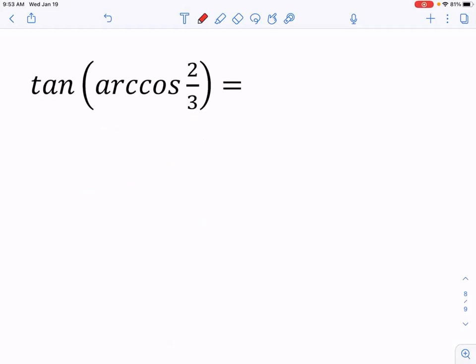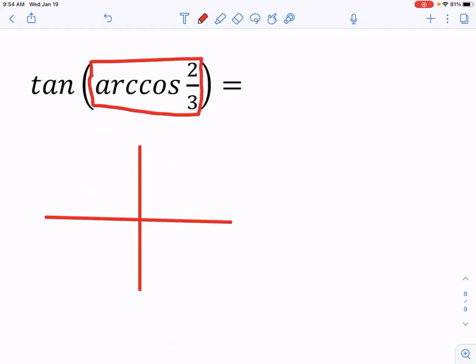Two-thirds, that's not a unit circle ratio. When you are given a non-unit circle ratio, you are gonna have to draw a picture. It's gonna have to happen. Okay. So this right here, we are gonna call theta.